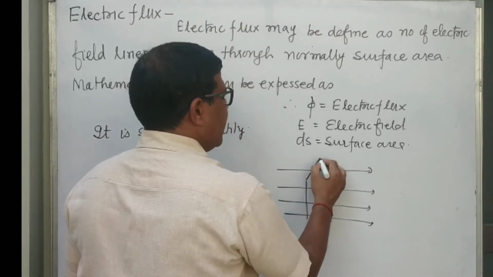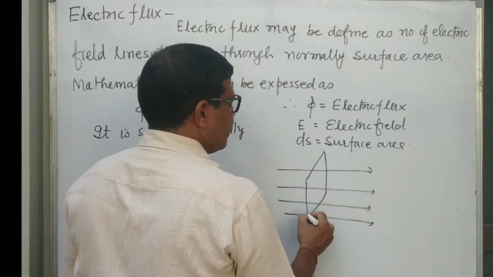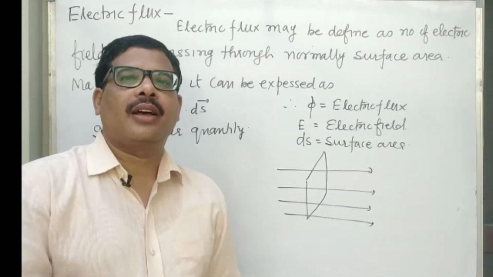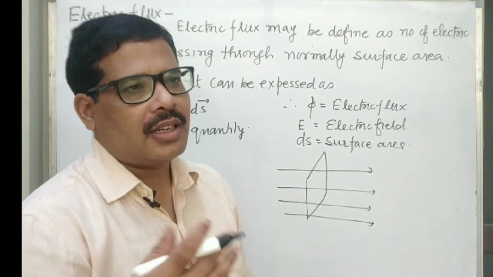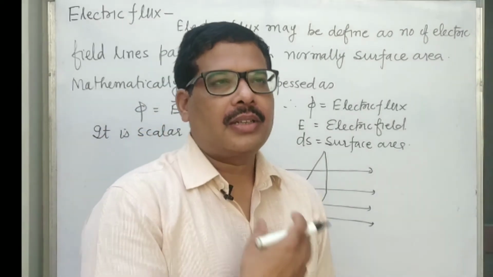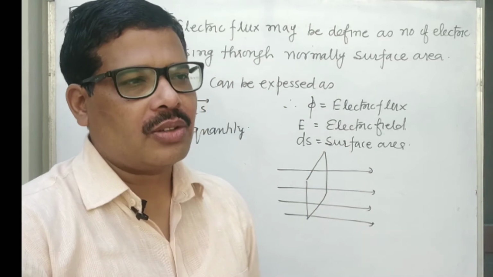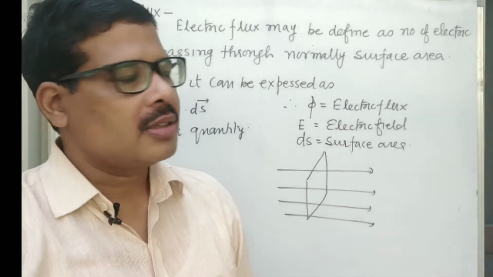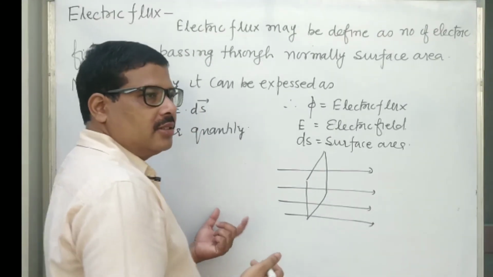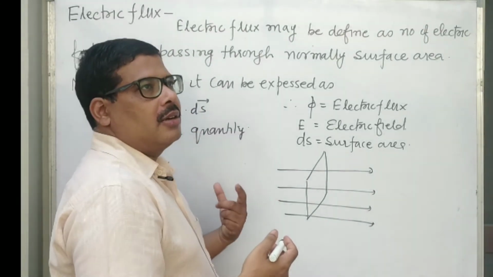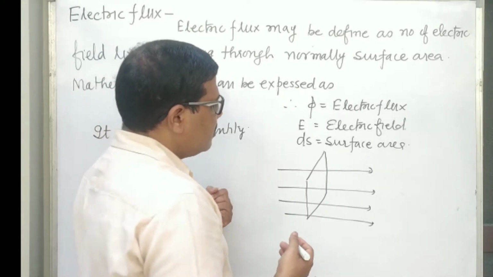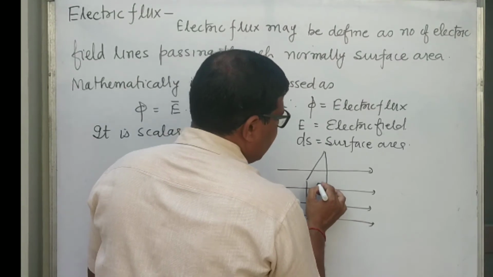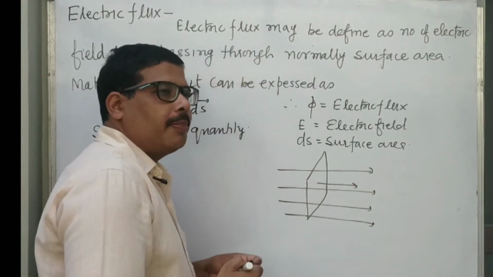Suppose this is the area. The surface area, or we can say the areal vector. Even though area is a scalar quantity, for the Gaussian surface or for the definition of electric flux, we assume that the area is a vector quantity and its direction is perpendicular to the plane surface.